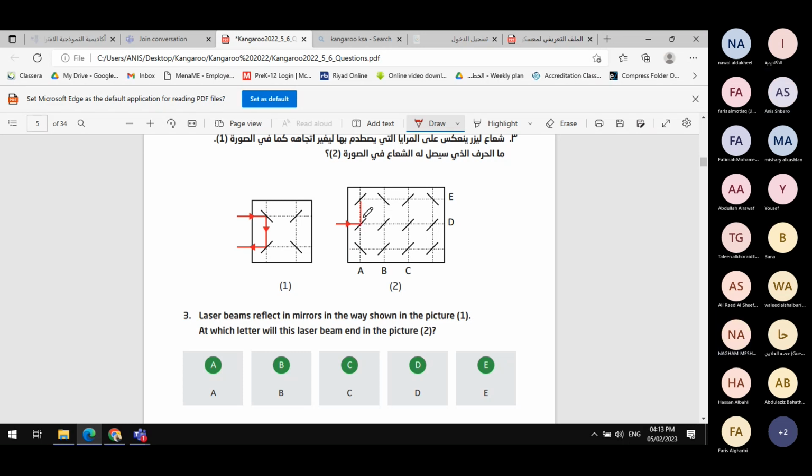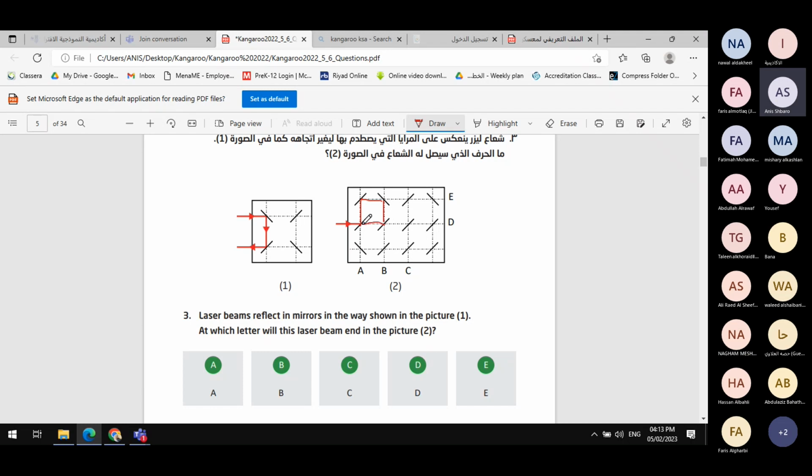In my screen, it shows it's left. Okay, sorry. So it's up. Then it's going to reflect to the mirror in front of it. Then that mirror is going to reflect on the mirror below it. And then that mirror is going to reflect on the mirror we started with.